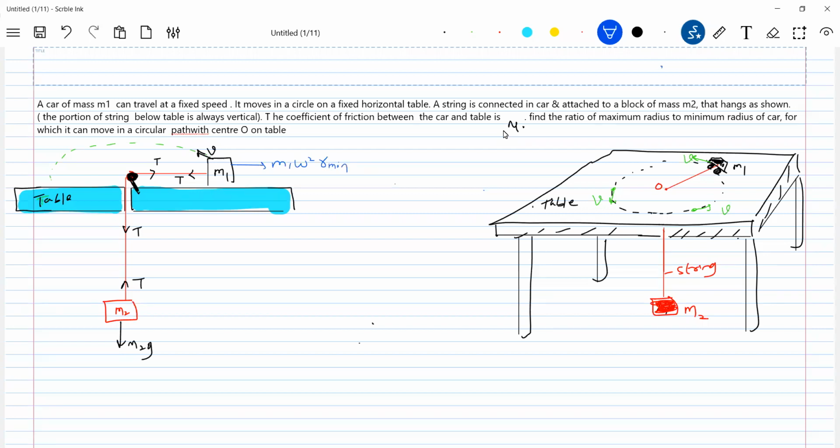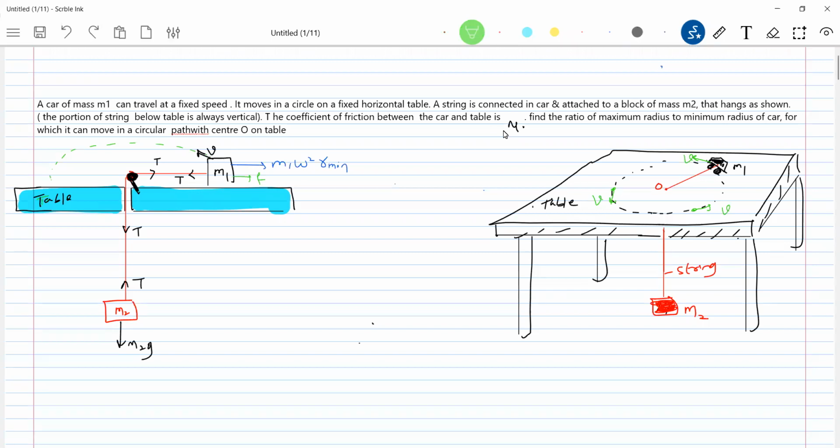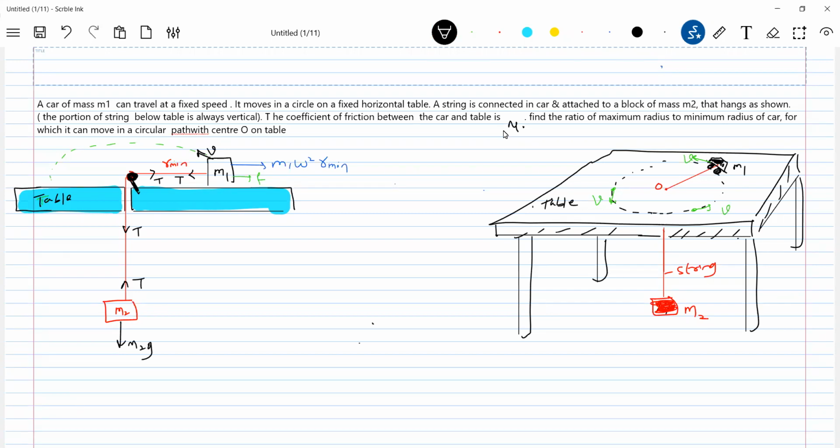Then the friction will be acting in this direction, and it is a limiting friction.